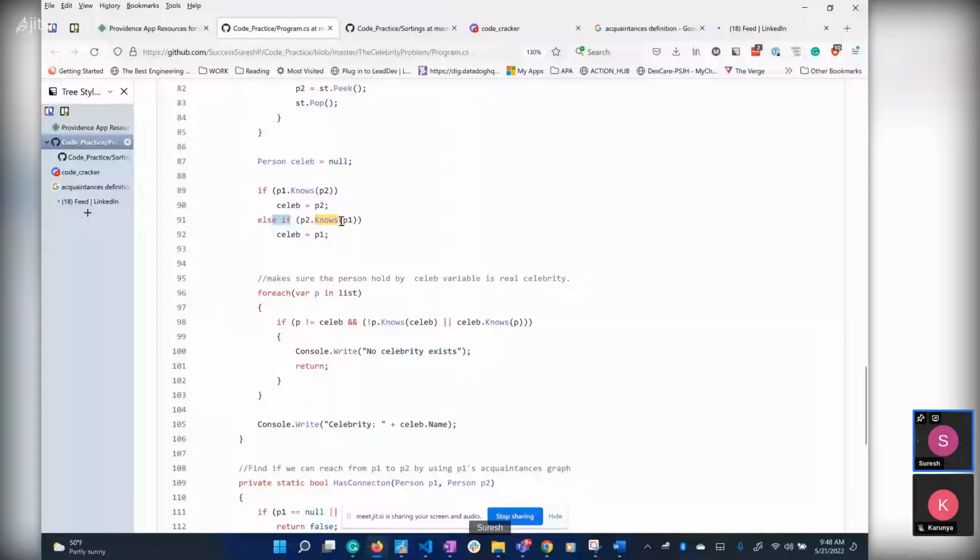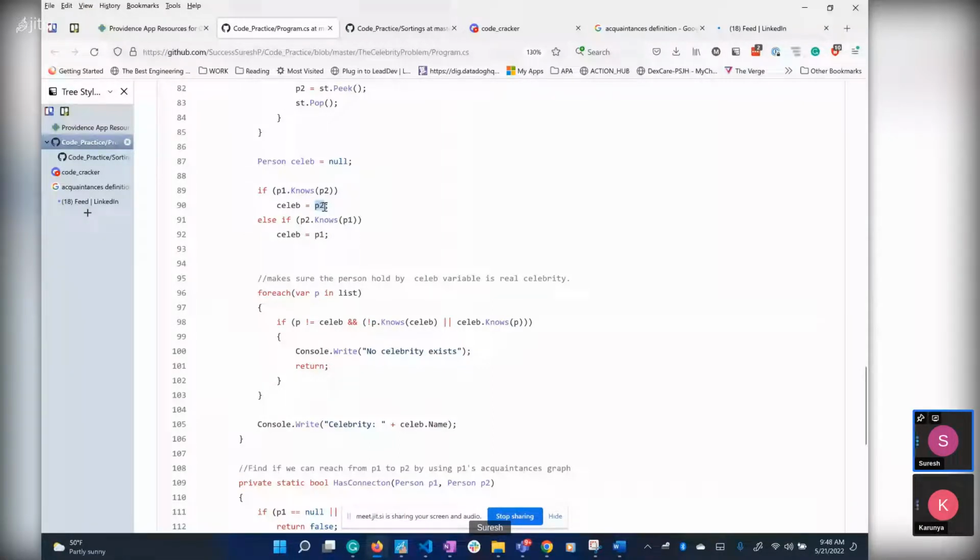But here, as I said before, this is not the final condition. Since we are not doing the n square solution, we are not sure whether all the people know P1 or not. Let's say P1 is celebrity, but we need to make sure everybody knows P1, not just P2. Likewise, if P2 is celebrity, before announcing it, we need to make sure everybody knows P2.